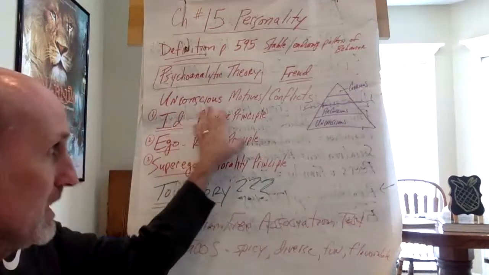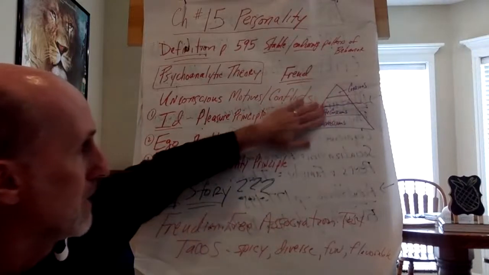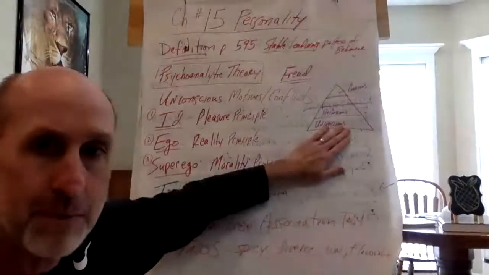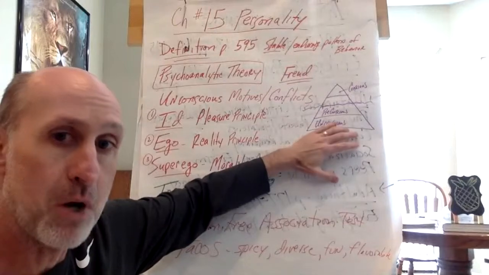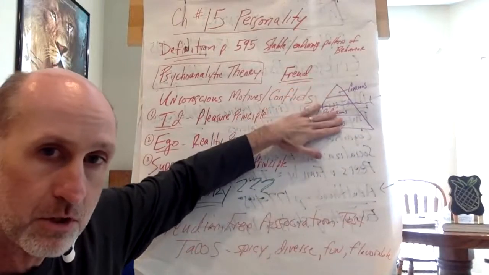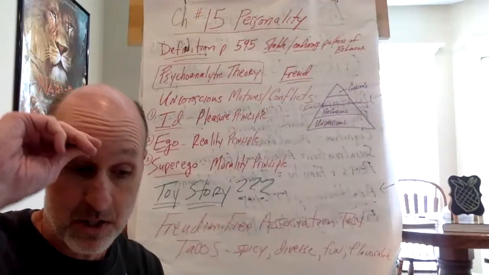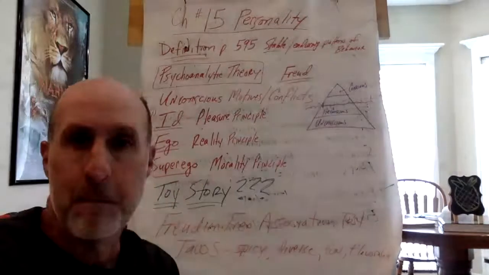Freud said there were 3 levels to our mind. We have the unconscious mind, which is buried deep but is the biggest part of us. We have the preconscious, which can go either conscious or unconscious. It's kind of where we hold things. There's the iceberg analogy on page 597.